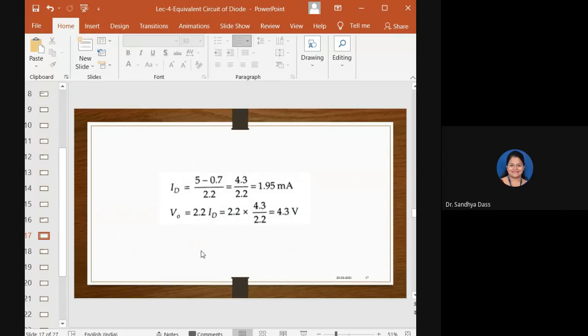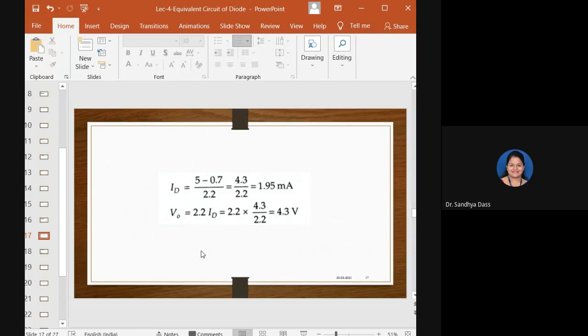All right, the solution is here. You can refer to it and cross-check. From the equation I just mentioned, you can rearrange and on the right-hand side you will get ID equal to 5 minus 0.7 by 2.2 kilo. That gives us 1.95 milliamps.